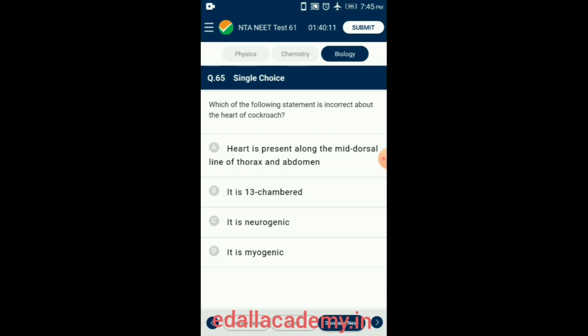From the anterior most heart chamber, the aorta, the blood passes into the head sinus and into the other sinuses. All the chambers of the heart are interconnected and their openings are guarded by valves to maintain unidirectional flow of blood. So the answer for this question is option D. It is myogenic. That is the incorrect one.